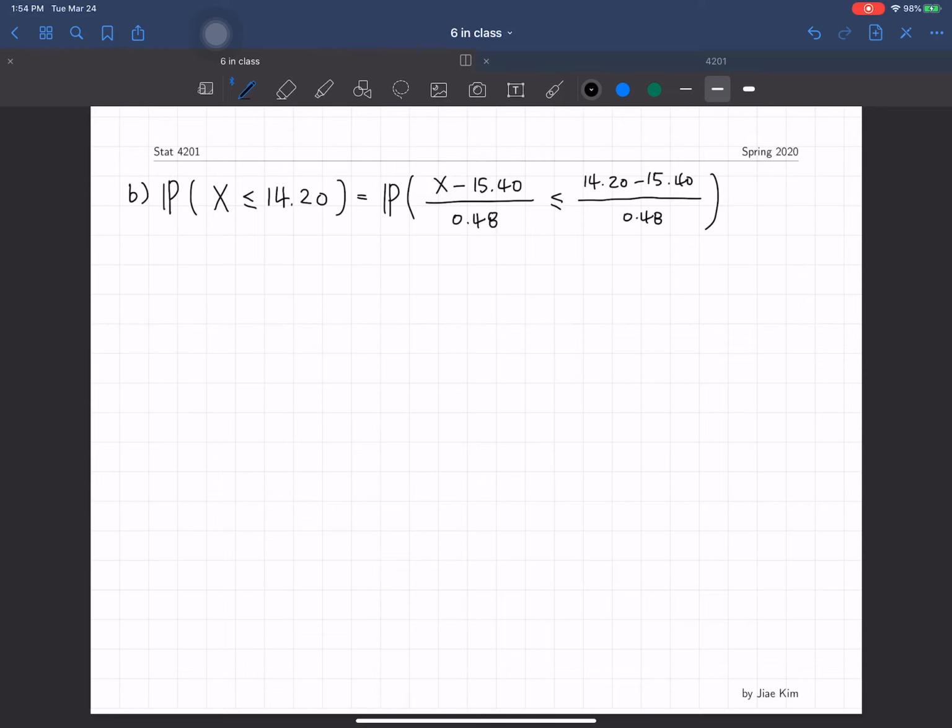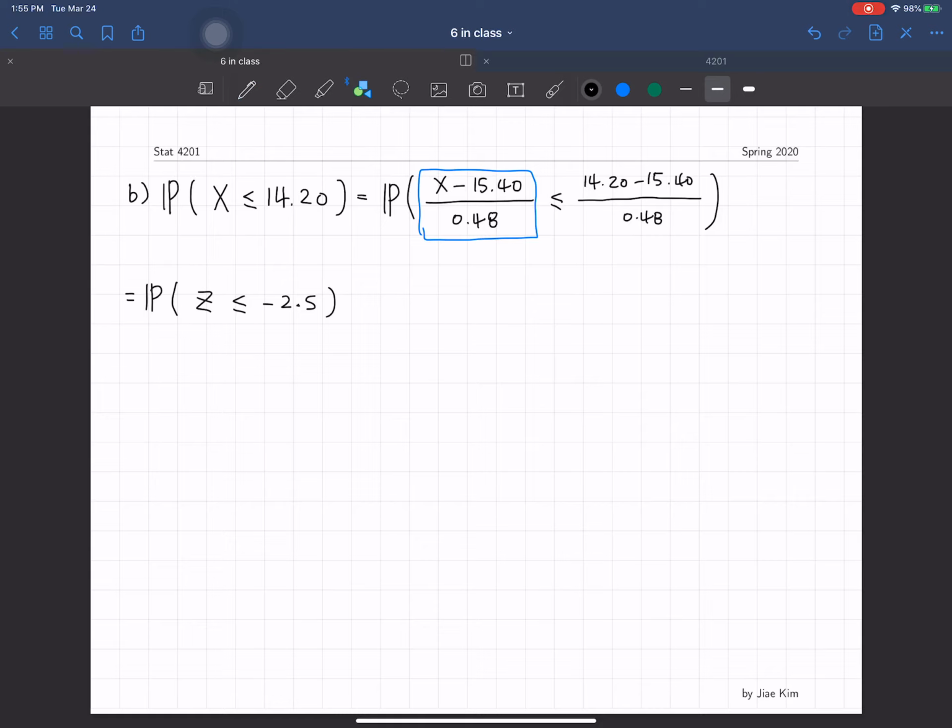Then again, this quantity is a standard normal variable, and the quantity on the inequality side is negative 2.5.